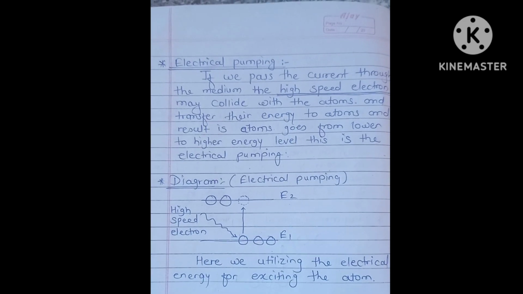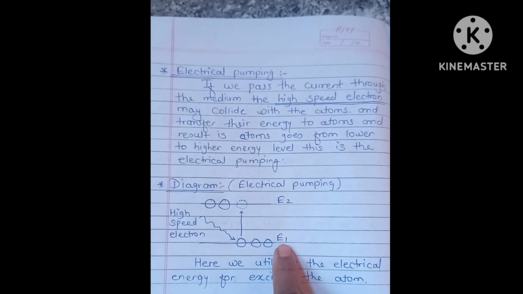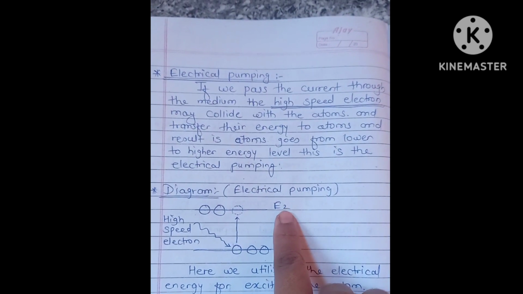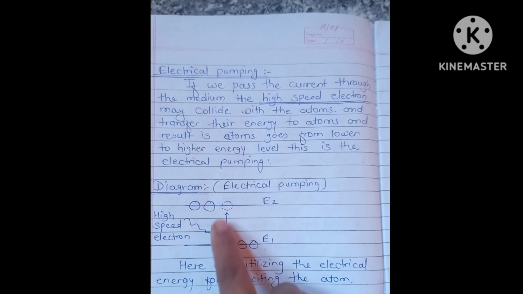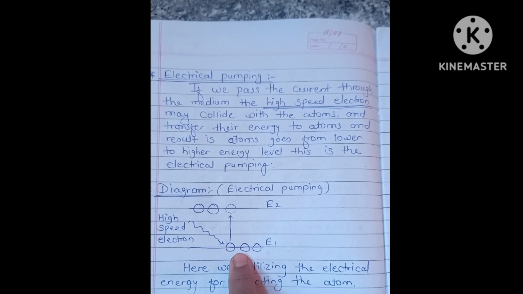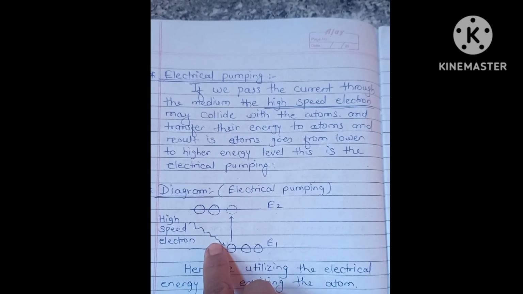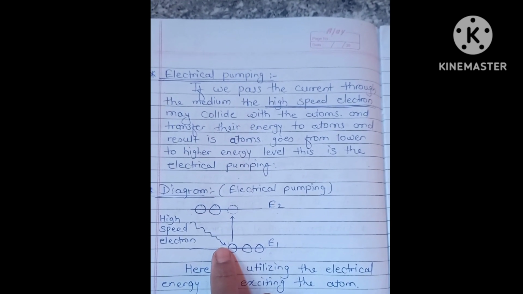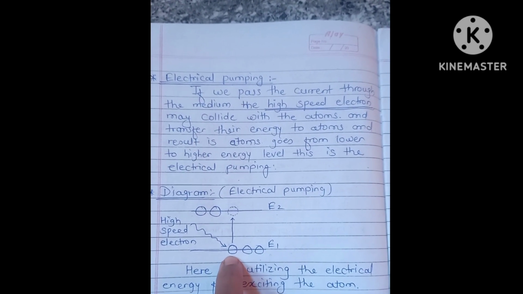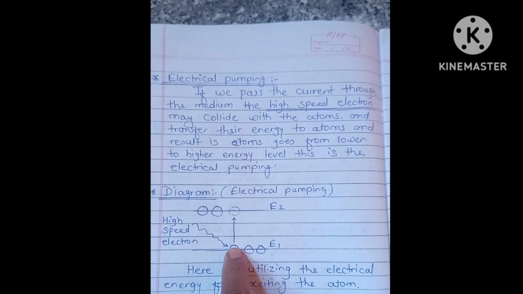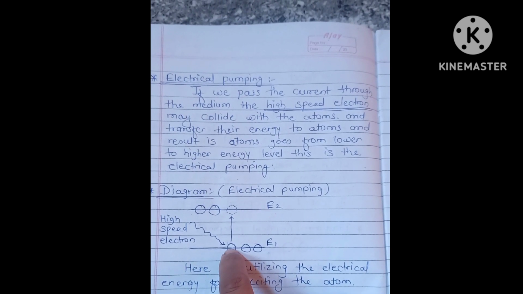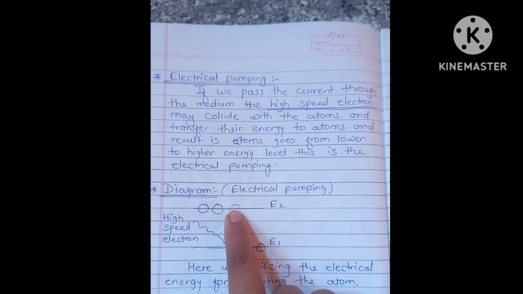Diagram of electrical pumping. E1 is the lower energy level state and E2 is the excited energy state, and these are the atoms. In the lower energy level atoms, we pass a current through it, and high speed electrons collide with these atoms and transfer their energy to the atoms, and the result is that the atom goes from the lower energy level to the higher energy level.